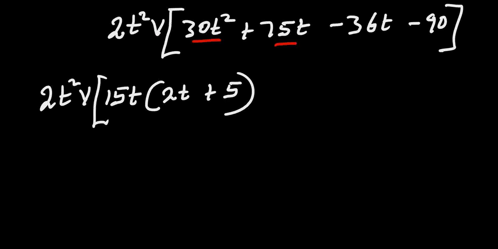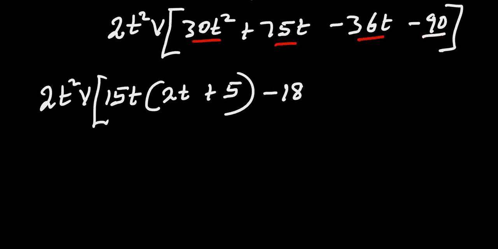Good. Now we also need to find the GCF of these two terms, and the GCF of this would be negative 18. Is it negative 18t? Just negative 18, because we don't have t in the second term. There is no t here. So the GCF is just negative 18.